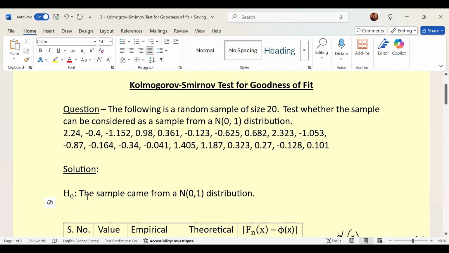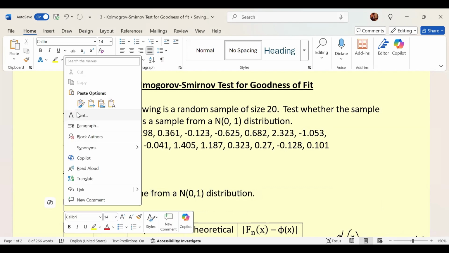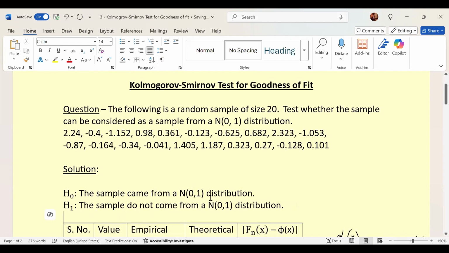And then H1, I'll copy this and modify: the sample does not come from it. Actually, we should have written the hypothesis in the beginning itself. This will be the null and alternative hypothesis.